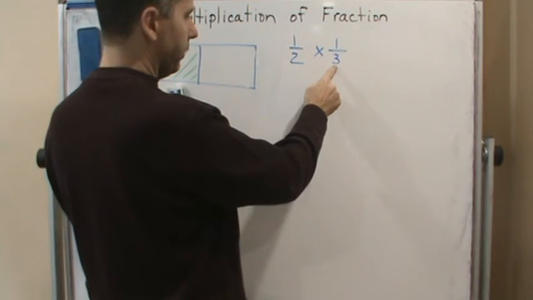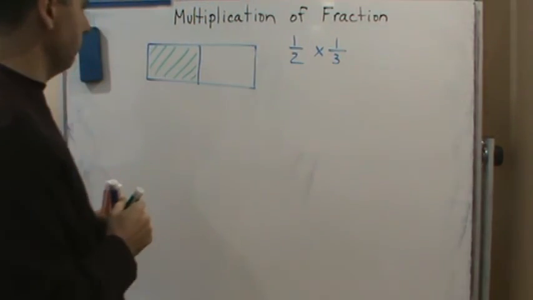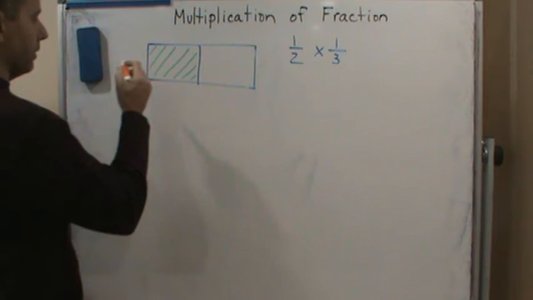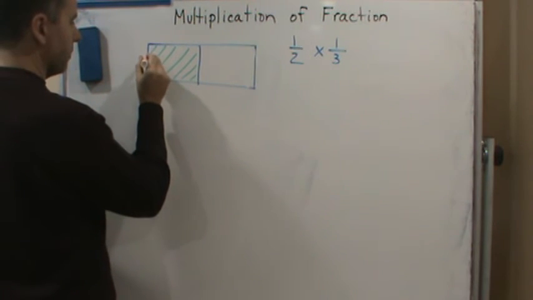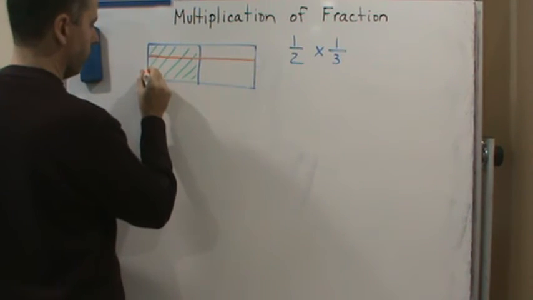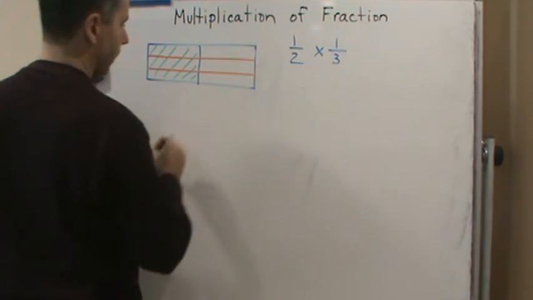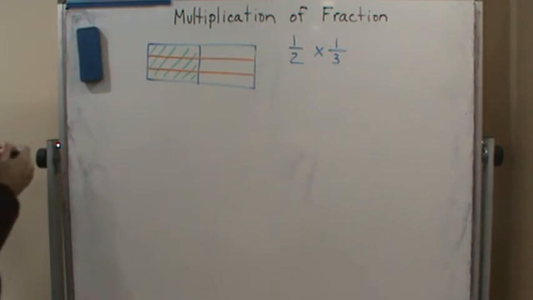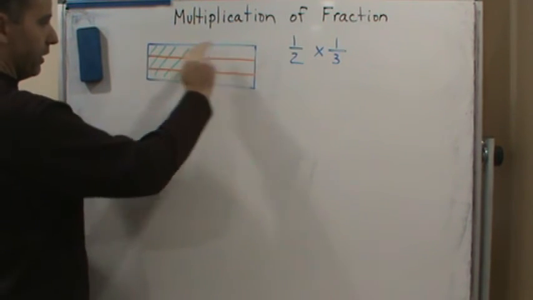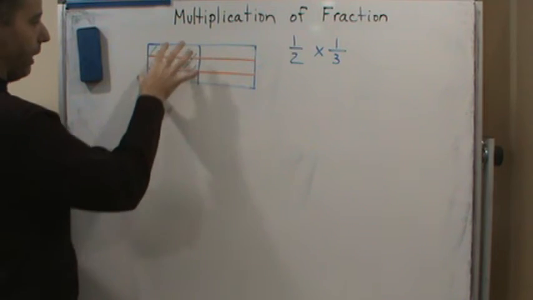I want 1/3 of the half. How would I do that? Well, I'm going to have to cut this into thirds. I just took this and cut it into thirds, going the other way. So now I've got thirds.